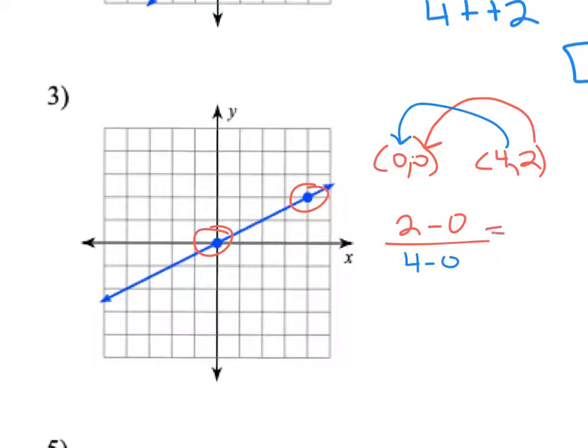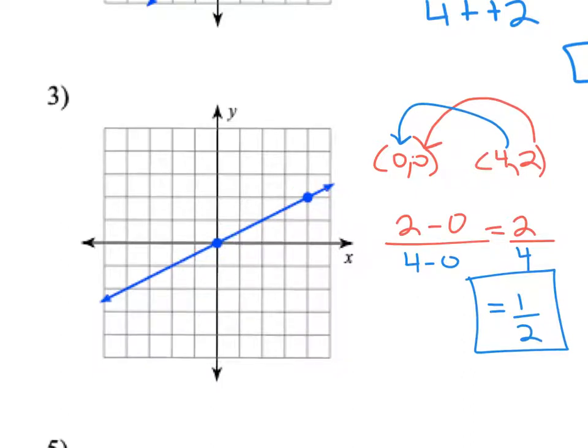So 2 minus 0 is 2, and 4 minus 0 is 4. And I know that 2 over 4 simplifies to 1/2. Okay, so in other words, to get from my first point to my second point, I go up 2, right 4. Or if I wanted to start at this point and get to another point on my line, I could go up 1, right 2, which would be giving me a point right there.